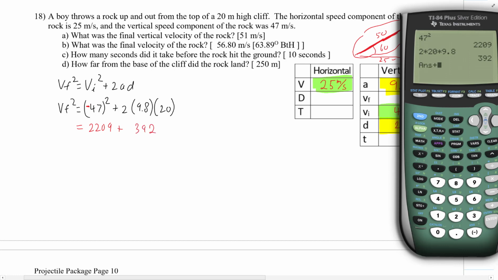And then we add that number above, and we get 2601 is VF squared. And now we have to square root it. It's 51. And we know we're going to choose the downward one.